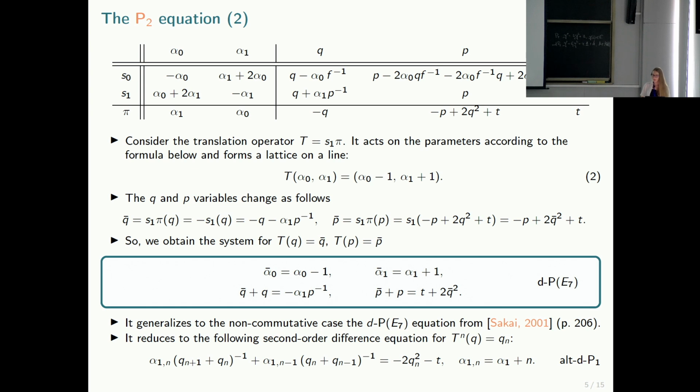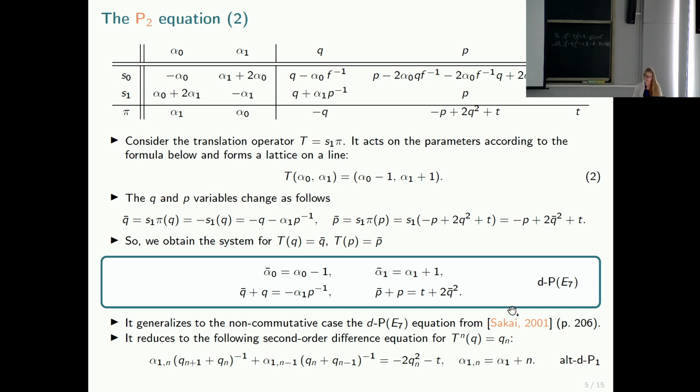Now we can look at the translation operator that acts on the parameters according to this rule. This is similar to the commutative case. And if we apply this operator T for Q and P, we can obtain the discrete dynamics. Finally, the discrete Painlevé equation, which is related to the second Painlevé equation, can be written as this system.